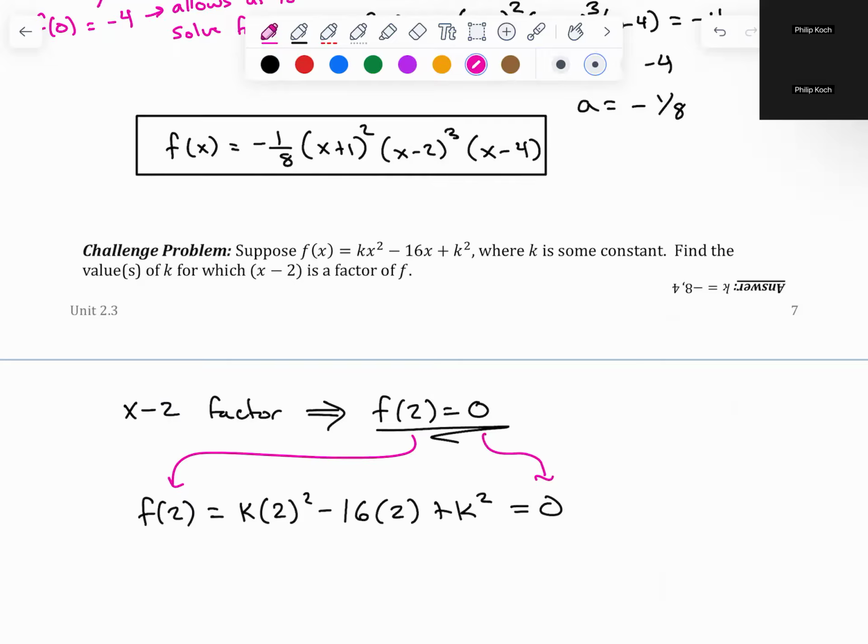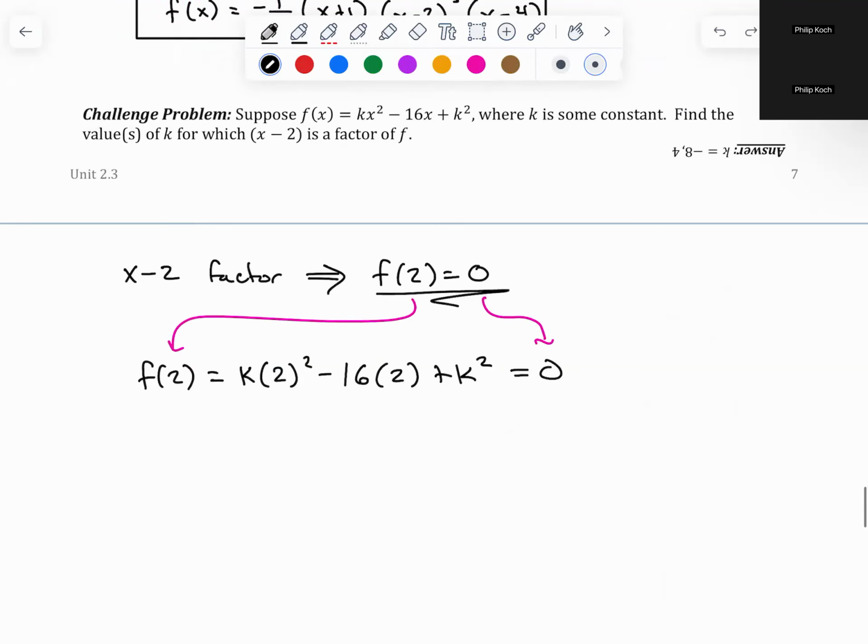Let's take care of some simplification here. Let's write it fully before we go crazy. 4k minus 32 plus k squared equals 0. Now let's rewrite that in the proper order. So k squared plus 4k minus 32 is equal to 0.